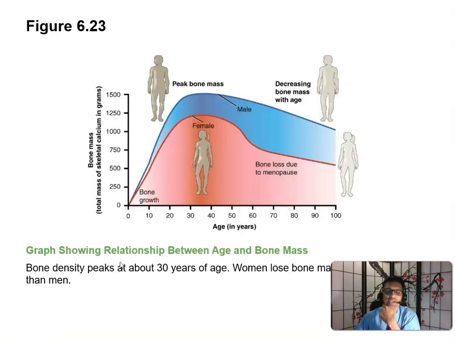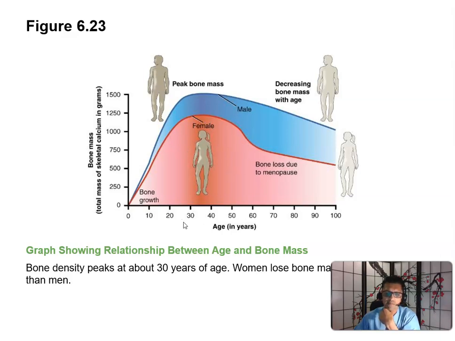So if you look at this, for females at the age of about 50, when you start hitting menopause and estrogen and calcium levels start to decrease, that can lead to bone loss. For men, they lose it steadily, so it's rare for men to get osteoporosis, but it can happen. But it's very common in Asian women and white Caucasian women.